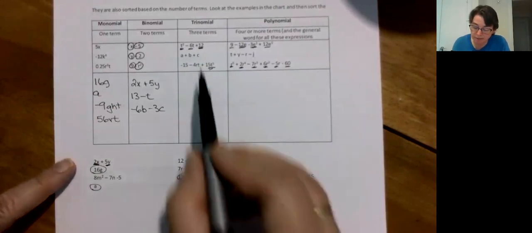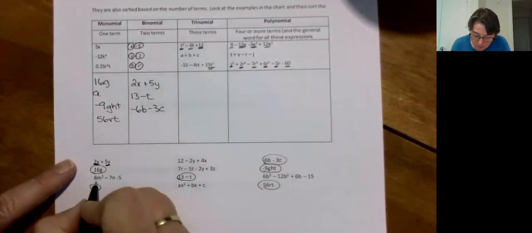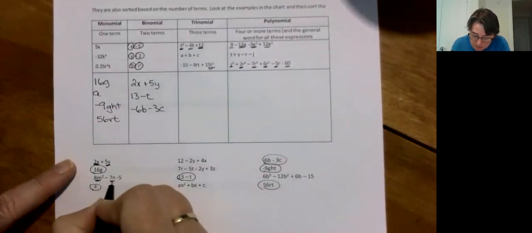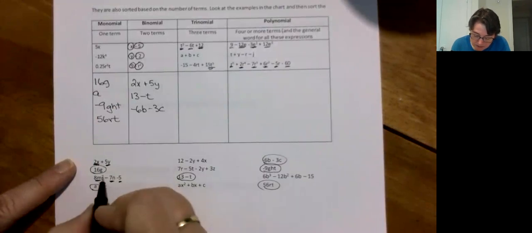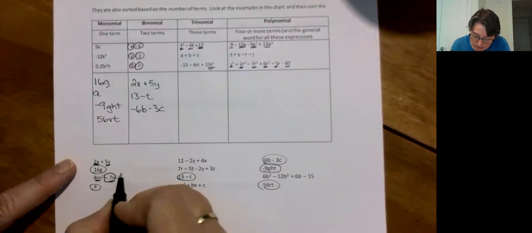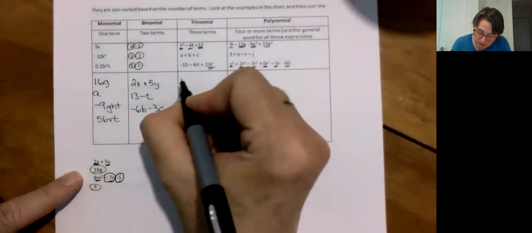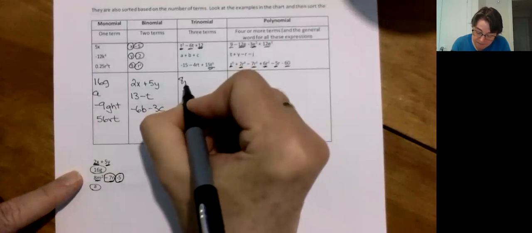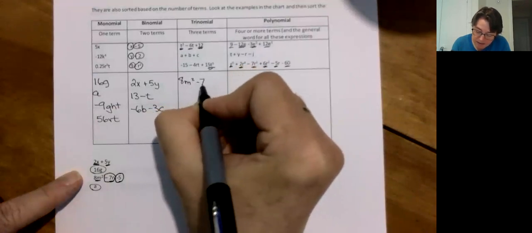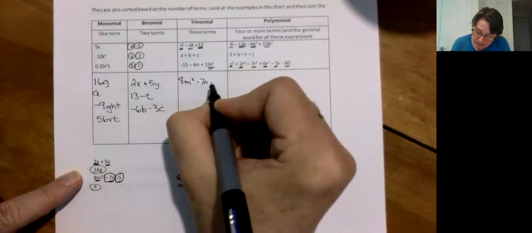Trinomials, 3 terms. Okay? 1 term, 2 term, 3 term. And technically, that sign goes with the term that comes right after it. That's not important right now. 8m squared minus 7n minus 5.